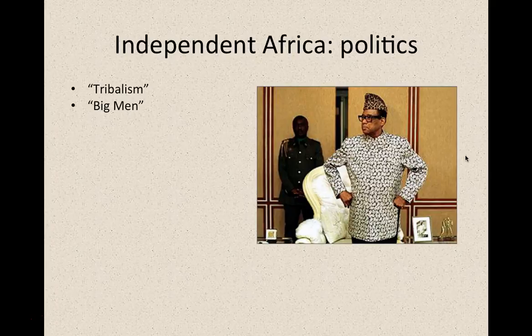Well, those tribal identities had, by the time of independence in many parts of Africa, become really definitive. Had become the essential identity of many of the people. To some extent, the wars for independence were fought along tribal lines, or there was a tribal element to those conflicts, to the leaders.